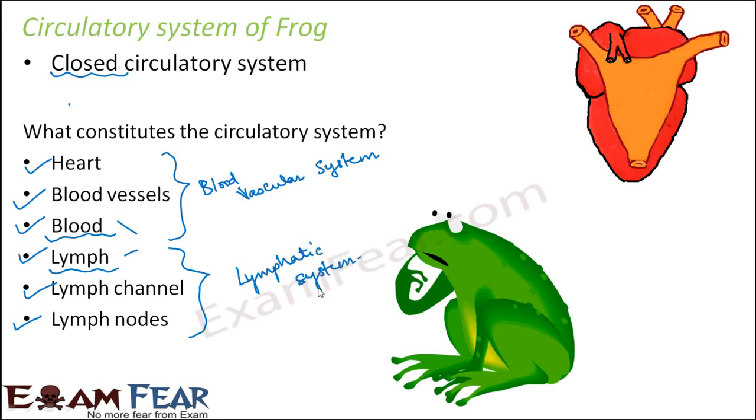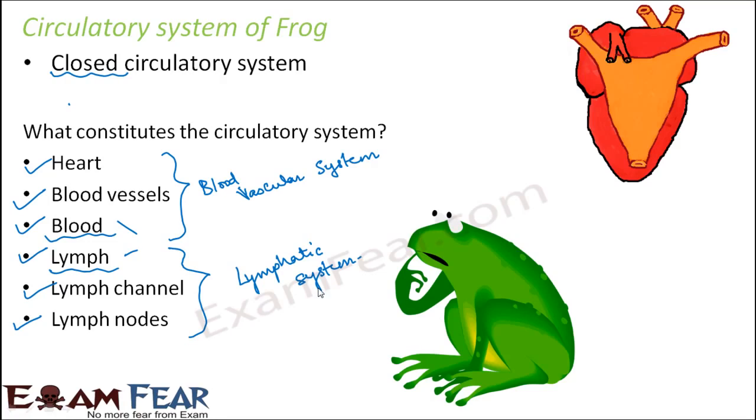Now when I talk about blood and lymph as two different things, what are they? As we have talked a lot about blood, we all know what are the different components of blood, what is the function of blood. Now lymph is a colorless fluid. Unlike blood, it is not red in color. But this also helps in transportation of lipids from the digestive tract. It also helps to return fluid to the circulatory system.